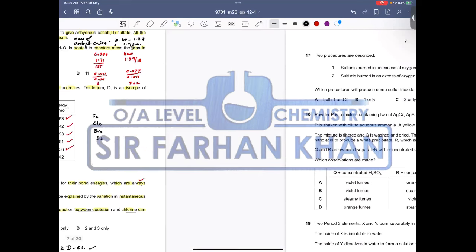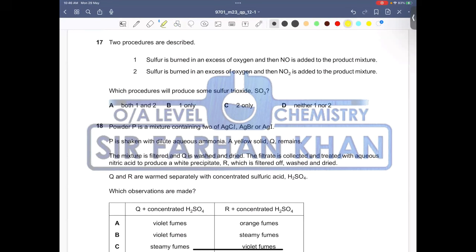Question number 17. Two procedures are described. Sulfur is burnt in an excess of oxygen. When sulfur is burnt in an excess of oxygen, obviously it will turn to sulfur dioxide. And then NO is added to the product mixture.